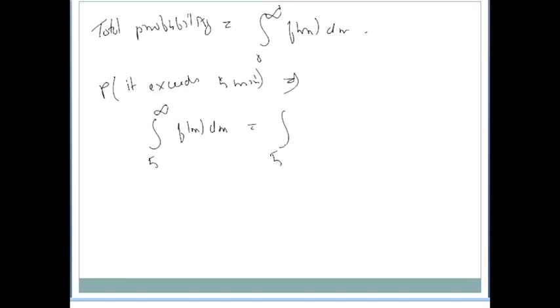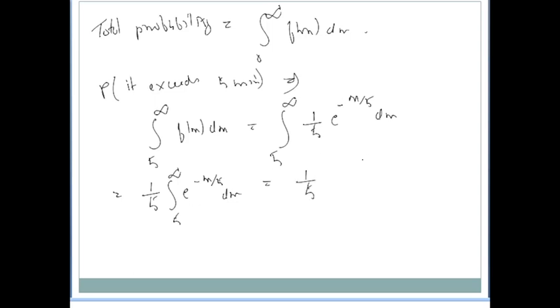The function was given to be 1 by 5 e to the power minus x by 5, so 1 by 5 will come out.